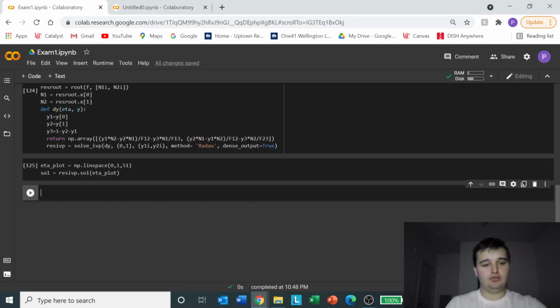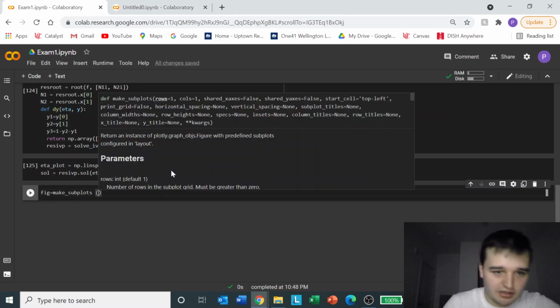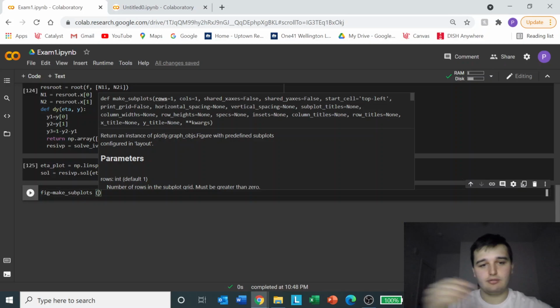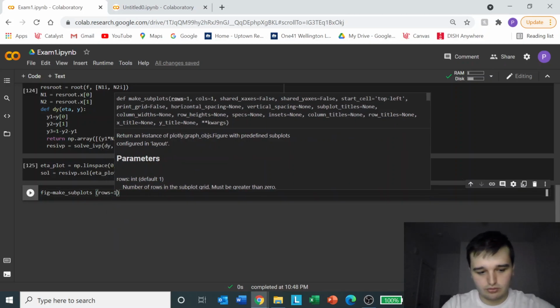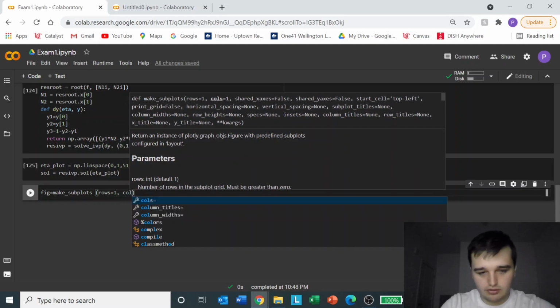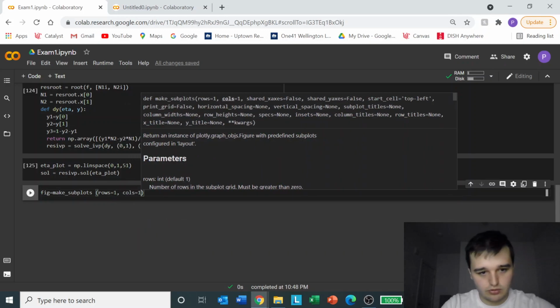So now we want to make the actual graph. We want to say figure is equal to make subplots, and then let's look at what make subplots needs. We want to make one graph and overlay the three curves on one graph. So we need rows equal to 1, comma, columns equal to 1.